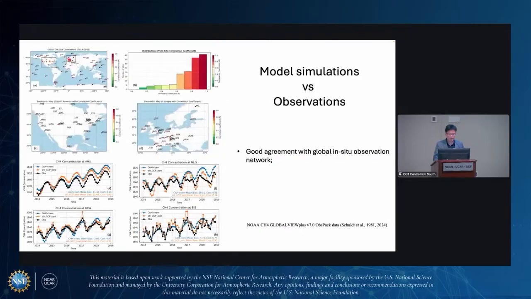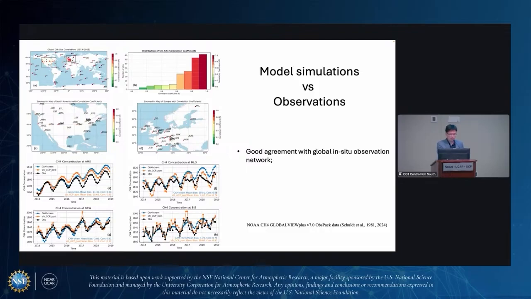We compare our model simulations to the observations in these figures. Panel A shows the global map of the correlation between our simulation and the ground observations. Panels C and D are zoom-in maps, and the statistics in panel B show that most of the correlations are greater than 0.7.